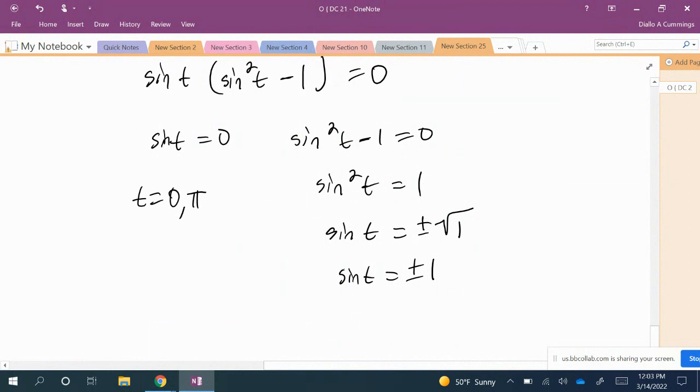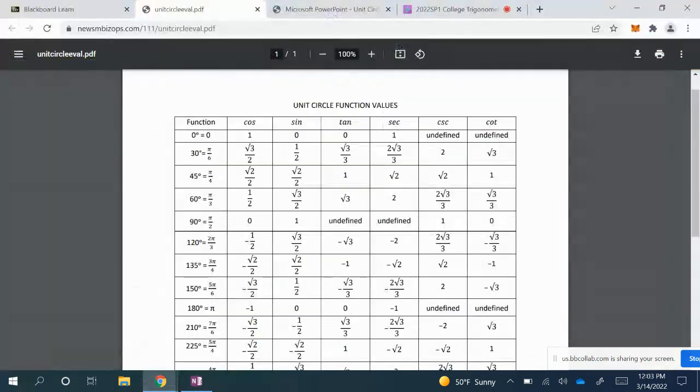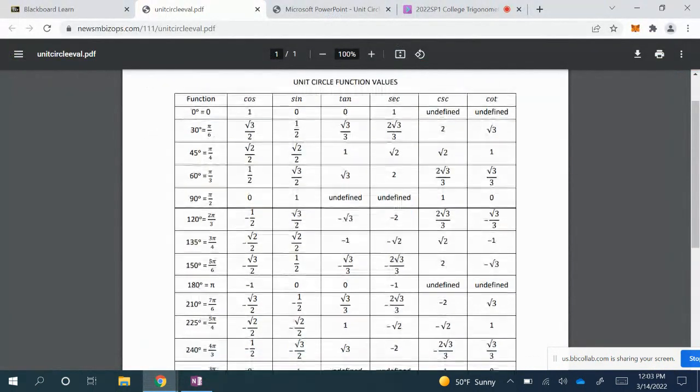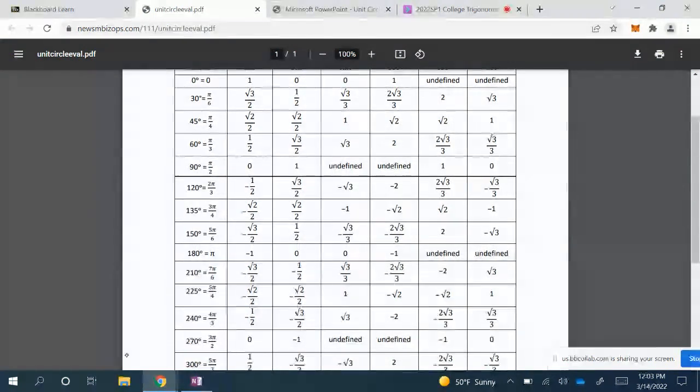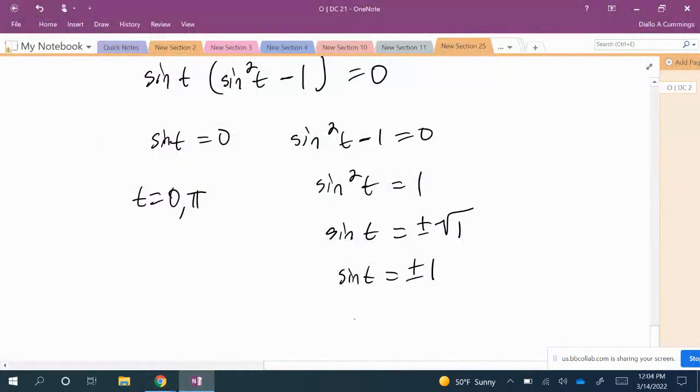All right, so our first couple of angles are 0 and pi. Now we'll look for the angles that have a sine of plus or minus 1. So we see that pi over 2 has a sine value of 1. And 3 pi over 2 has a sine value of -1. So we have t is equal to pi over 2 and 3 pi over 2.